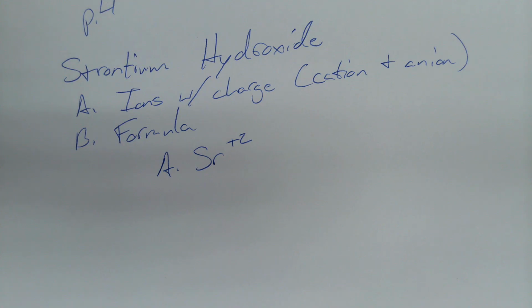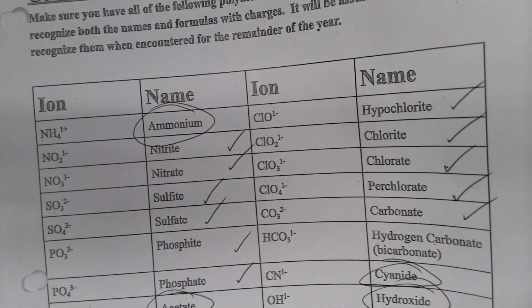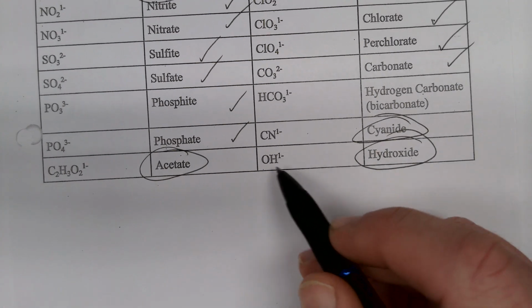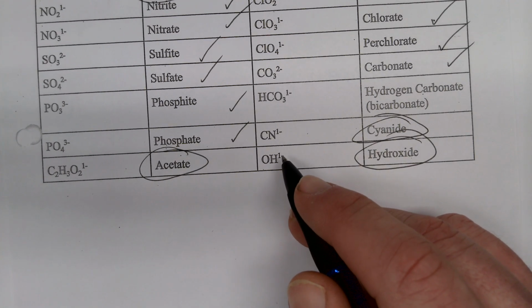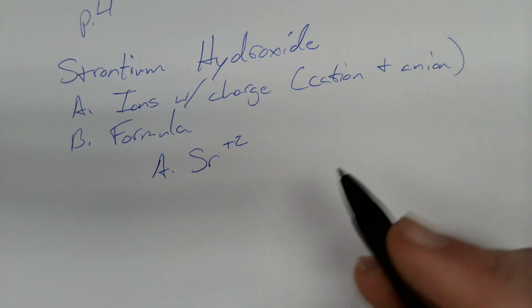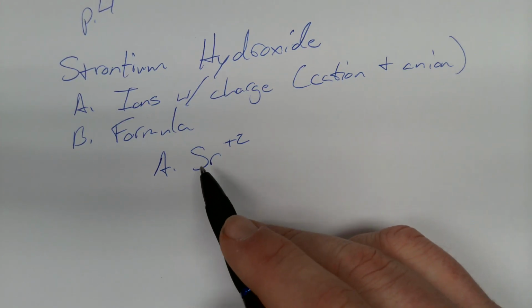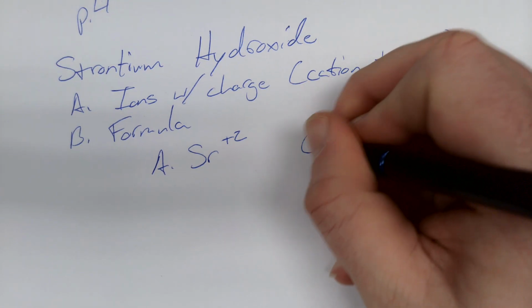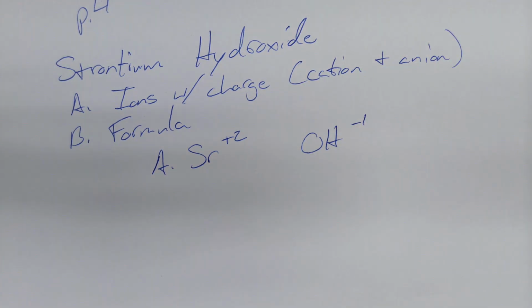I hope so. If I'm looking at my polyatomic ion sheet, and I'm looking at hydroxide, hydroxide is OH and gives me a -1 anion. So, for here, top of page 4, strontium +2, and my anion is OH -1.